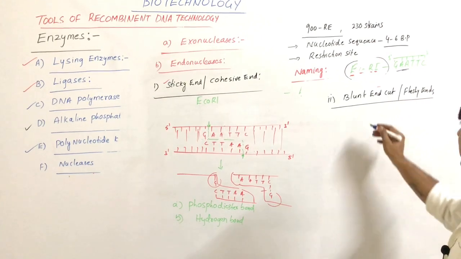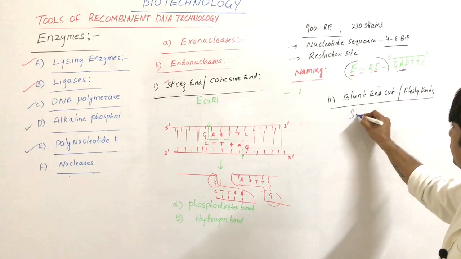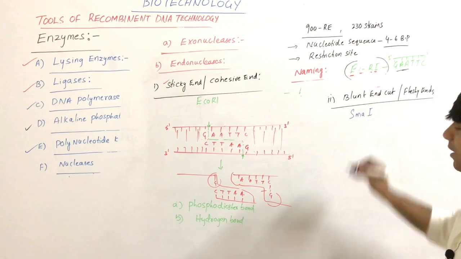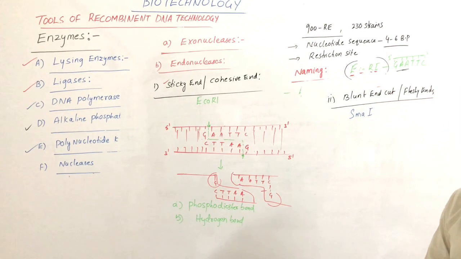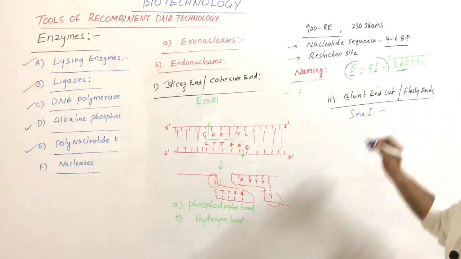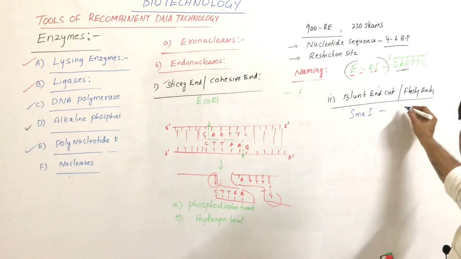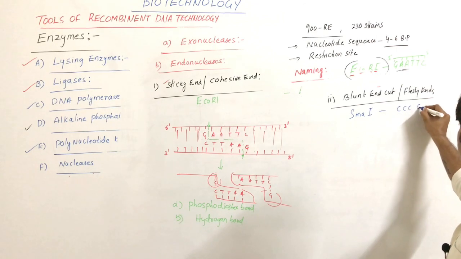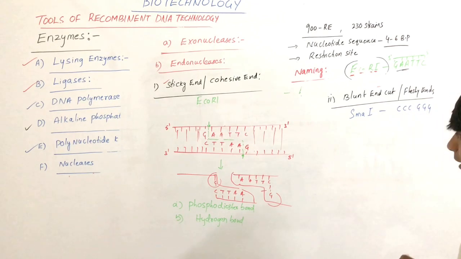Look, there is an enzyme called SMA1. This is from Serratia marcescens. The sequence of this SMA1 is CCC GGG.